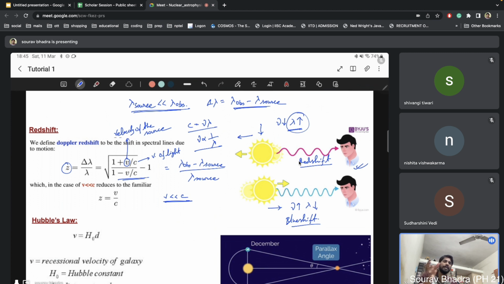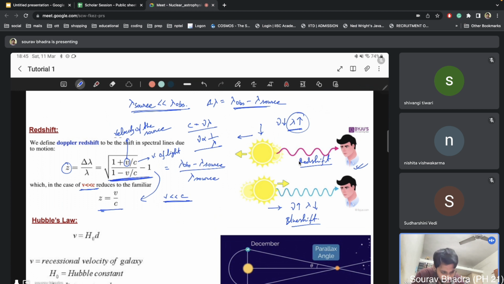But the light which it is emitting is moving with velocity c. An extended object cannot move with the speed of light, so the approximate result gives z equals v by c. It is just the approximation of this particular expression.